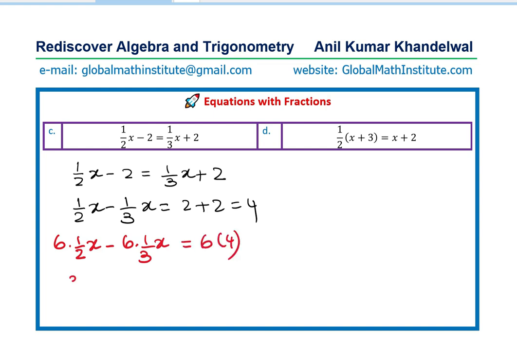That gives you 3x minus 2x equals to 24. 3x minus 2x is only x, so we get x equals to 24. So that becomes the solution for this particular equation. You can see how going from many steps to fewer steps is what we have achieved so far. Perfect. Now we'll see the next question.